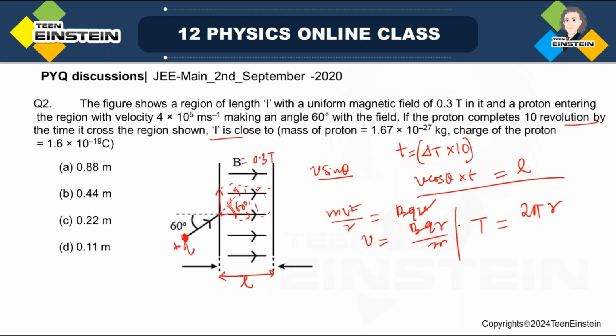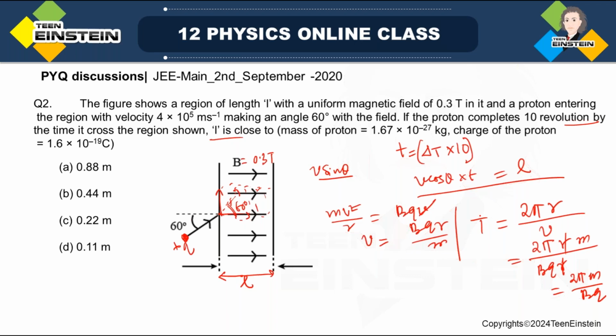Okay, but that is not given anyway. 2 pi r by V. So what I get? 2 pi R divided by BqR, and m will go in the numerator. So what I get is actually 2 pi m by Bq. So this is the time period of revolution.